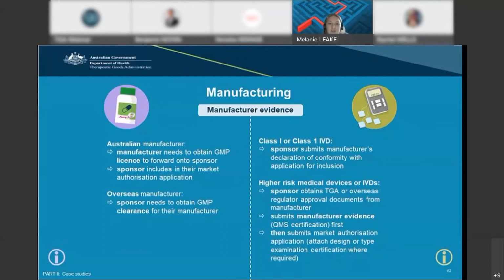For devices, you submit the manufacturer evidence first, pay the fee, get approval, and then you submit your market authorisation application. We do have the Good Manufacturing Practice Application Decision Tree on the TGA website that can help you determine what type of application may be required for GMP or for manufacturing.